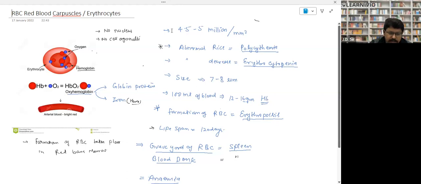Their number in our body is 4.5 to 5 million per cubic mm. When I say 4.5 to 5, it means 4.5 in females and 5 in males. Abnormal, these are not in NCERT, but they are medical parts.